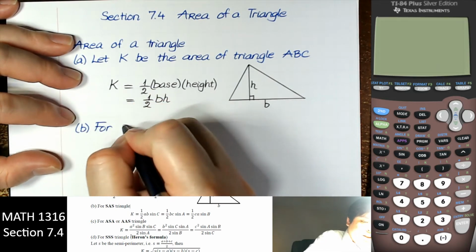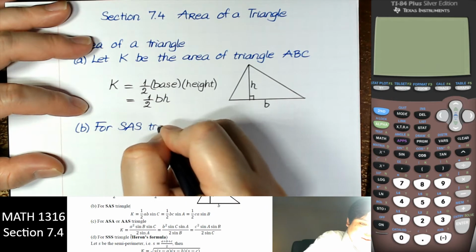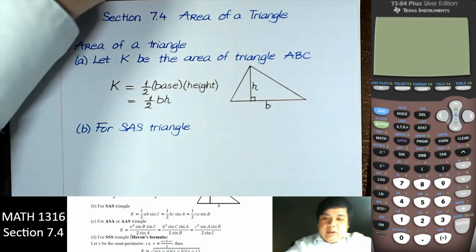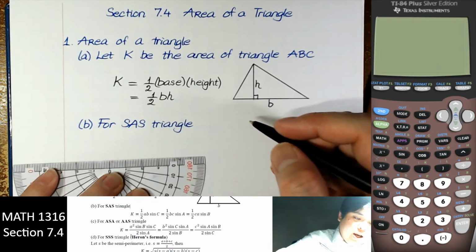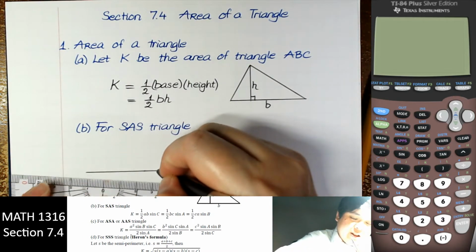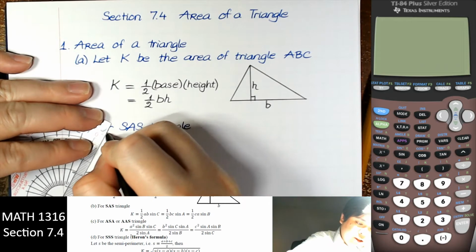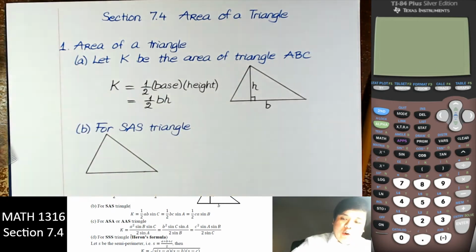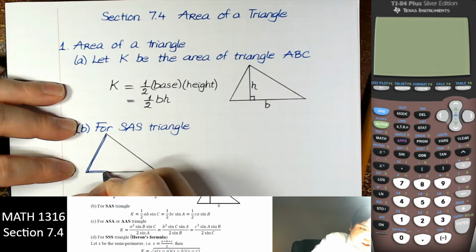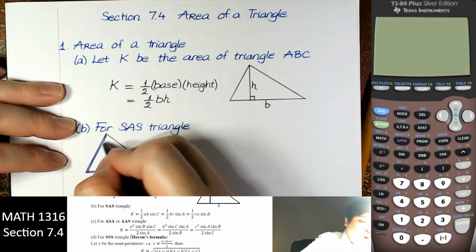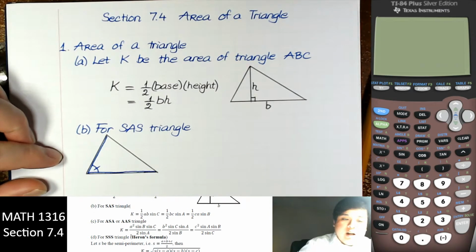Now, if we are given two sides and the angle in between, so we know the length of those two sides and then the angle in between, this is called the side-angle-side scenario.